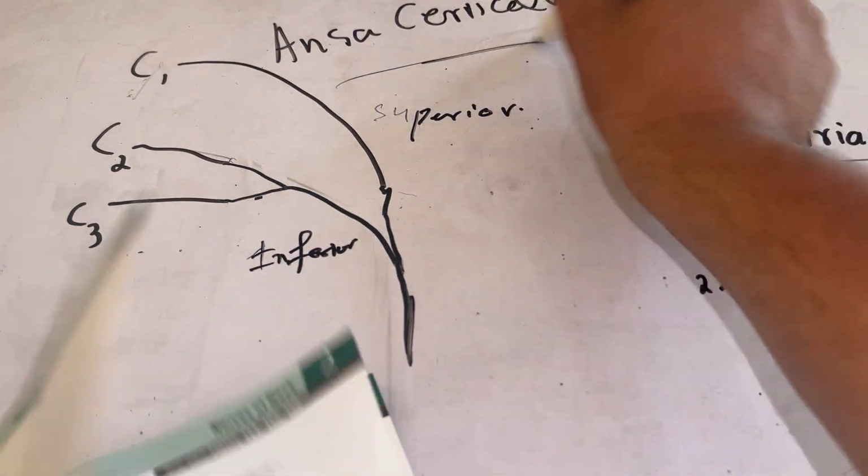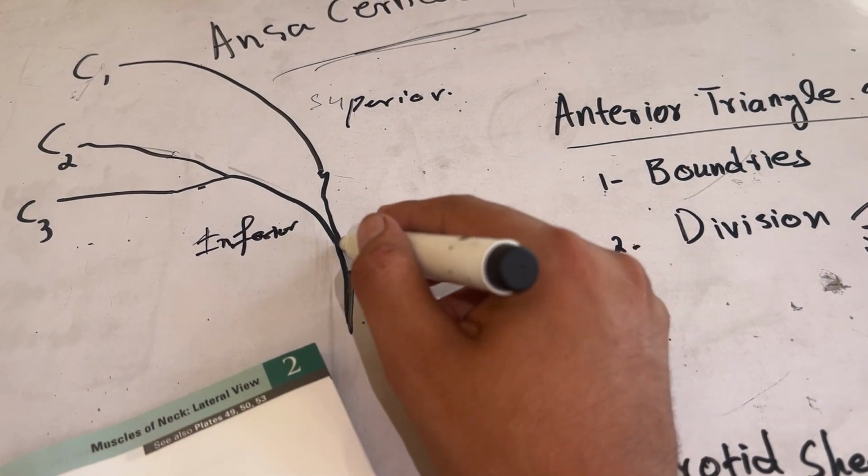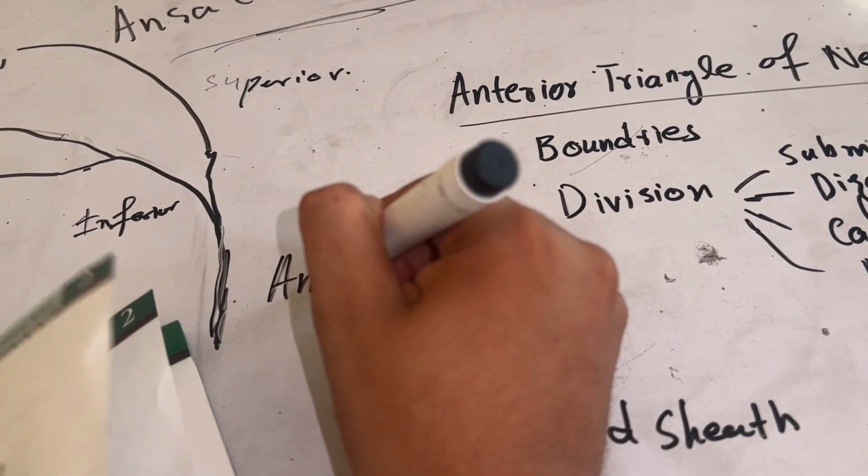Ansa cervicalis is a nerve, not a muscle. These two roots combine to form this nerve, which is called ansa cervicalis.